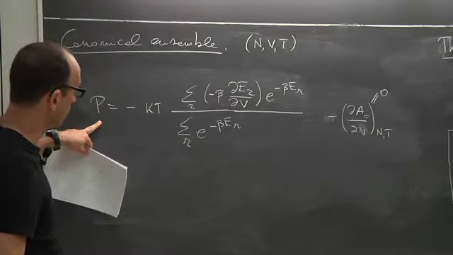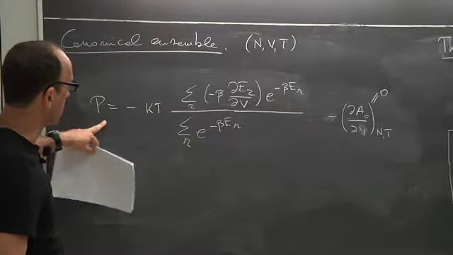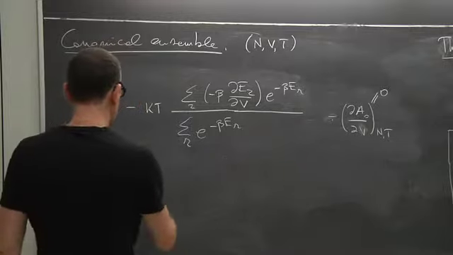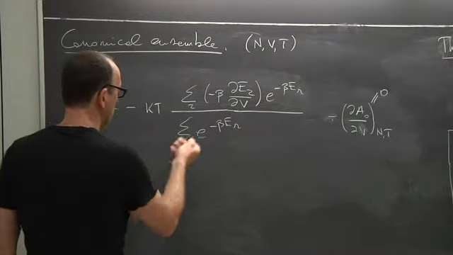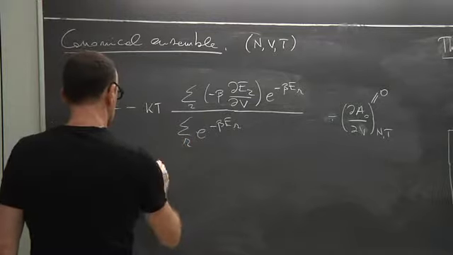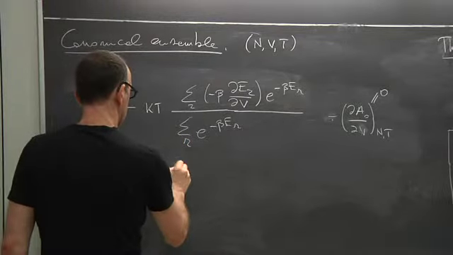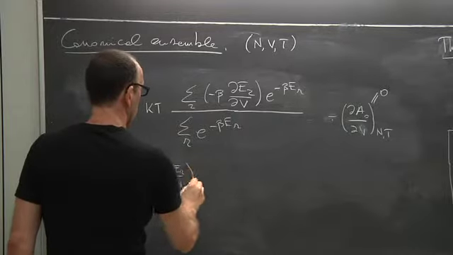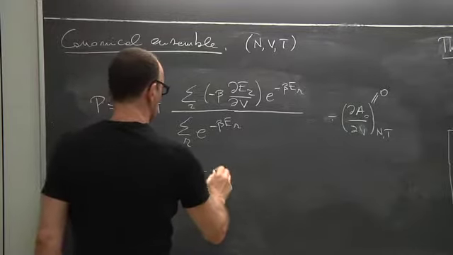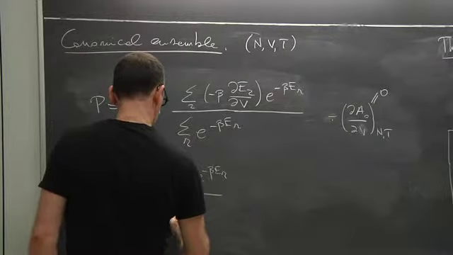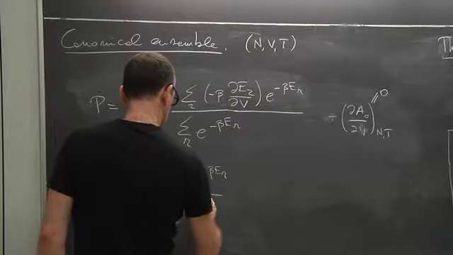So the idea is that when I change the volume, what this formula is telling me is that what changes in my system are the energy levels. So this is just a sum over r of dEr/dV times e to the minus beta Er divided by the sum over r of e to the minus beta Er.